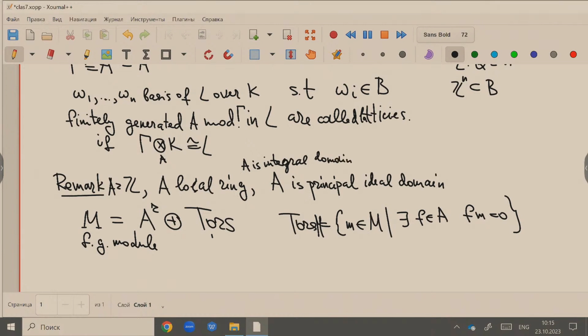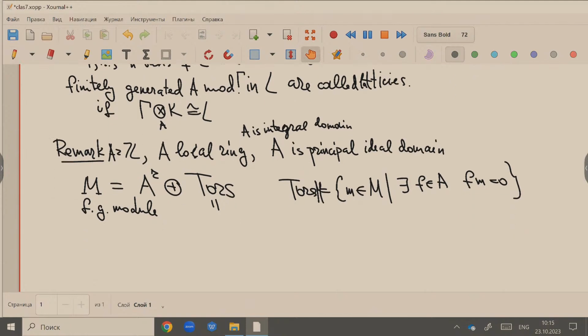Yeah, and more precisely, this torsion part can be described as the sum of A modulo f_i's, where the f_i's are some principal ideals. But for us it is not needed for the moment.